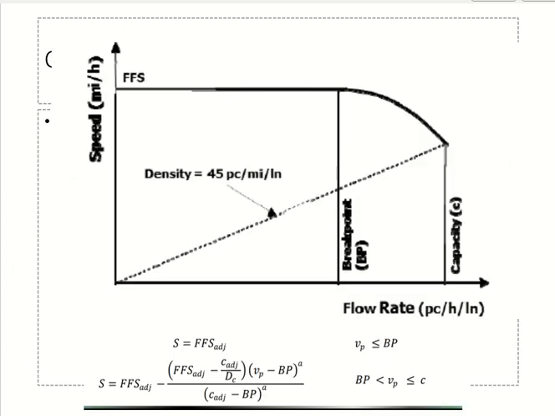What about VP? VP was a flow rate, right? Flow rate at which I am calculating the speed. So I am calculating the speed at capacity, so VP and C will become equal here. Only for this point. Clear?